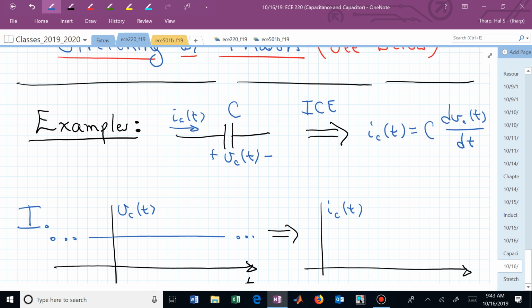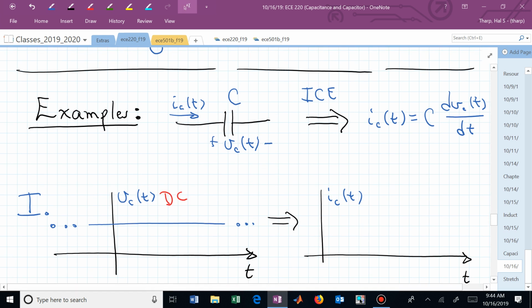Now if I give you a DC voltage, what's the current associated with that capacitor? How much current is flowing through that capacitor?